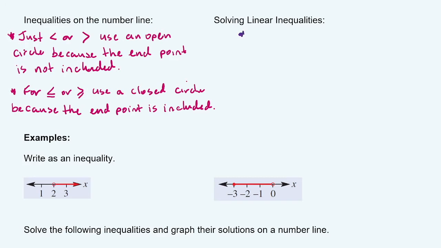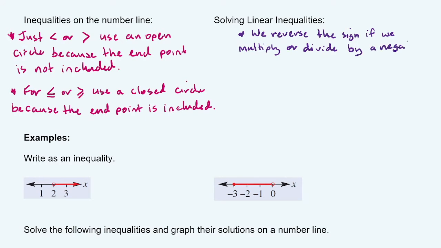The first exception is we reverse the inequality sign if we multiply or divide by a negative number.